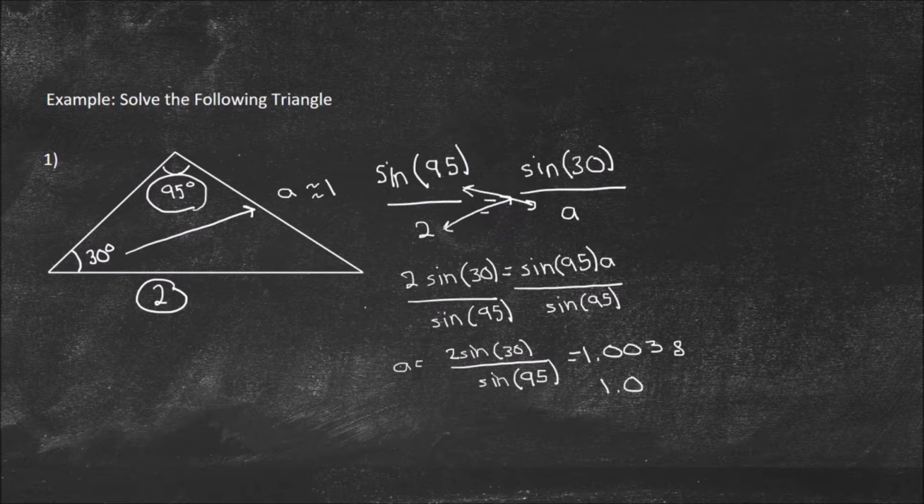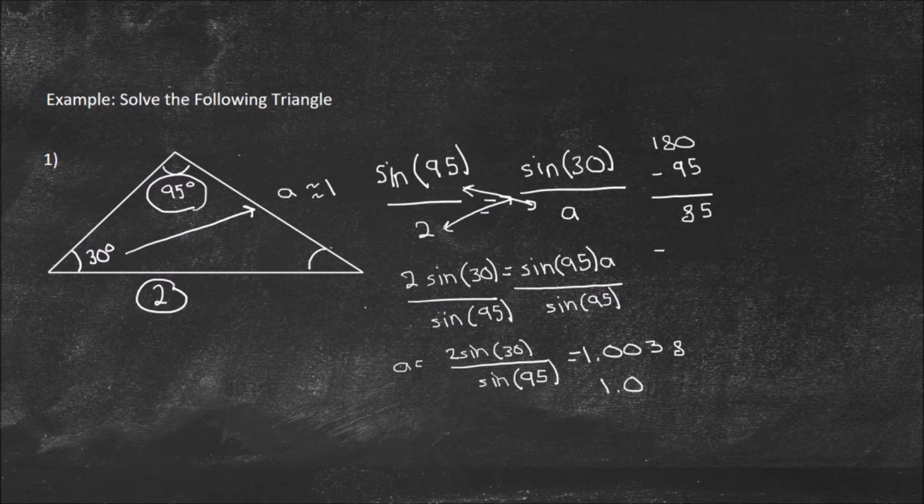All right. So now I see when it says solve the following triangle, it's important to know that that means solve the entire triangle. And so far we've just solved one of the sides and two of the angles. Well, quickly we can get this last angle by using one of the rules of triangles. They have to all add up to 180. So I can do 180 minus 95, that'll give me 85.